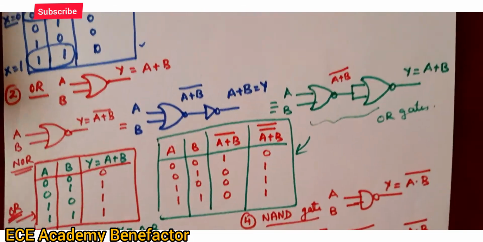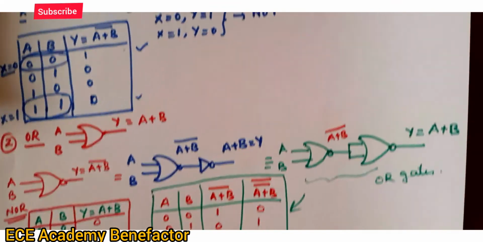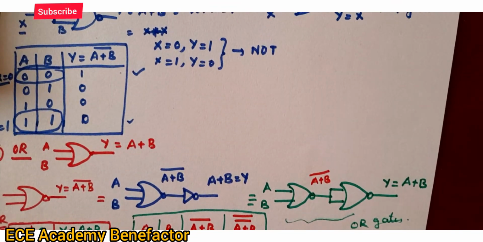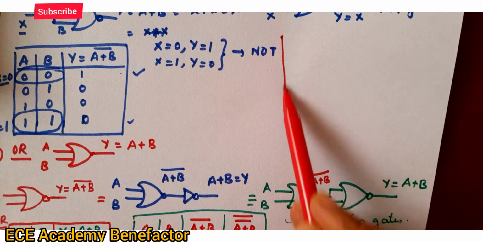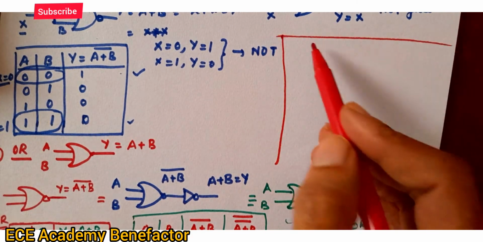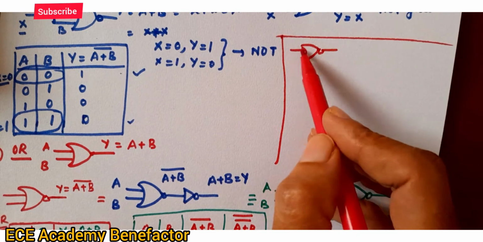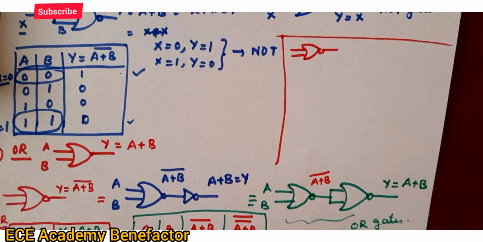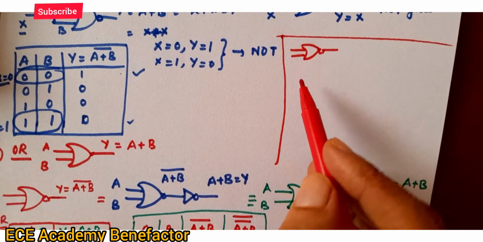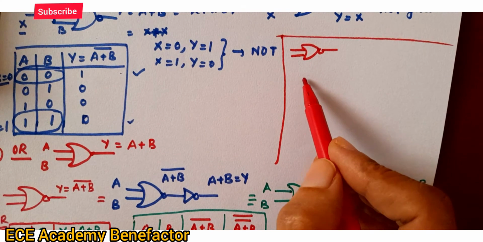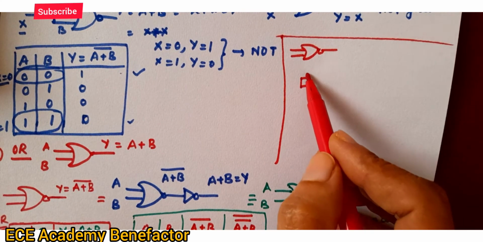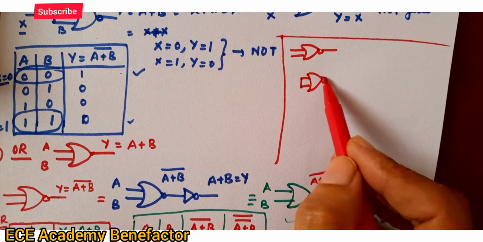Let me quickly summarize what we have done in this class. NOR gate, this is a NOR gate. So this NOR gate we are using for a NOT gate. What we have to do is simply join both the terminals of the NOR gate.